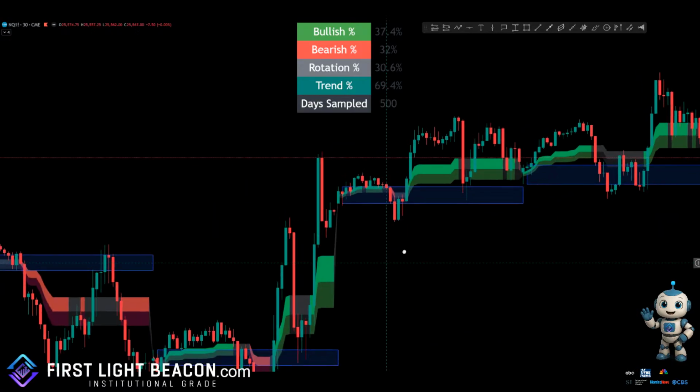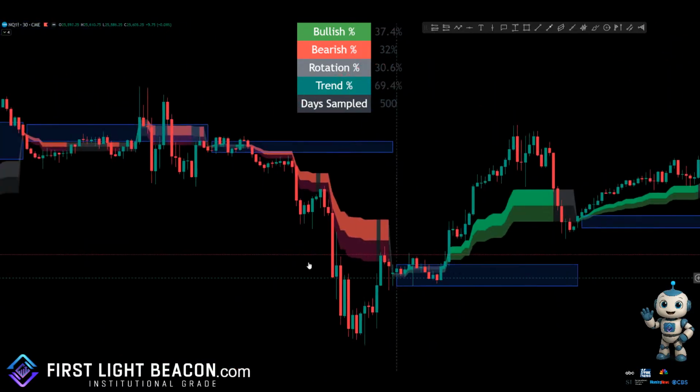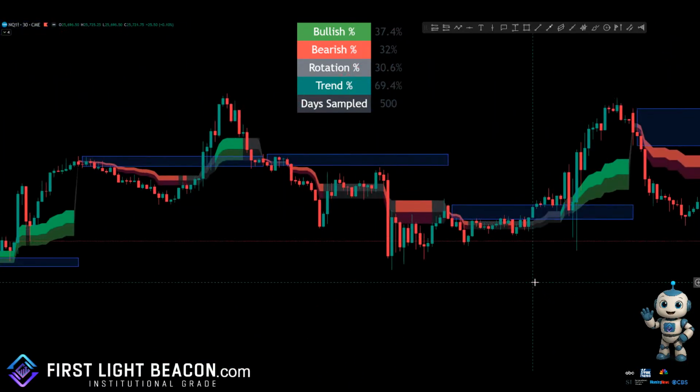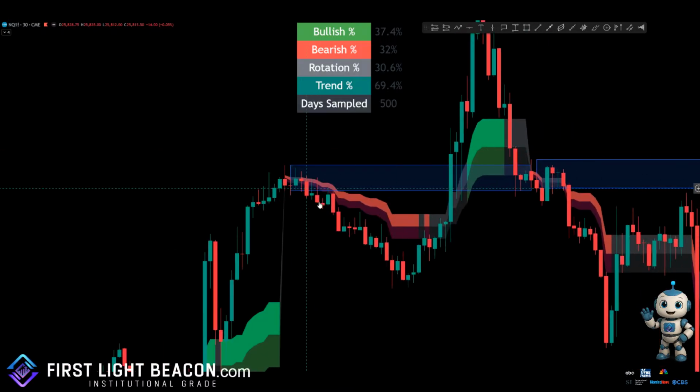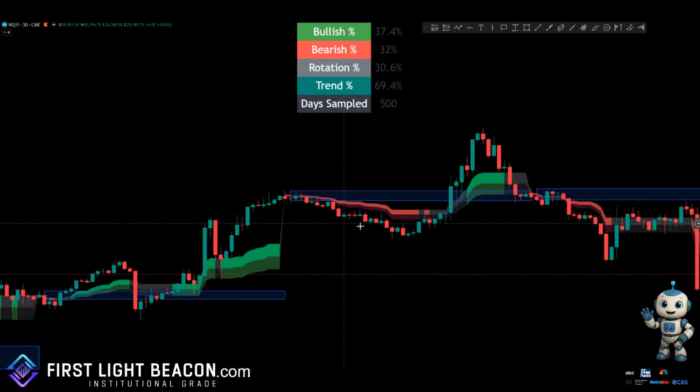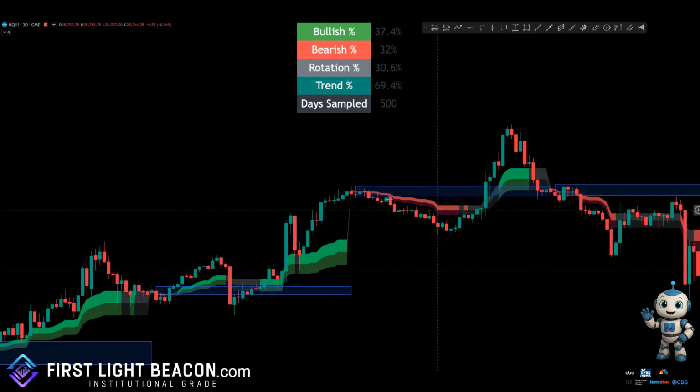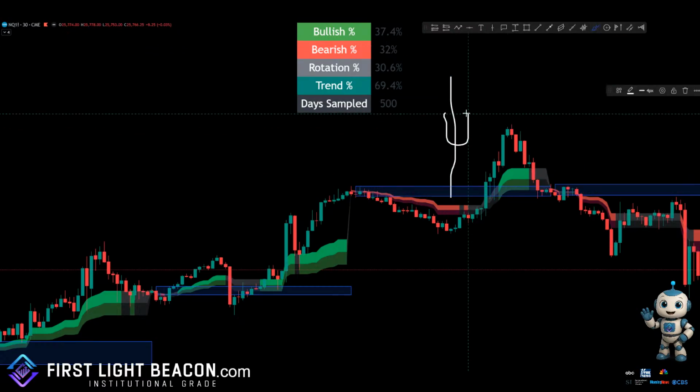What is a rotation? A rotation is, let me find an example. So we started bearish here, went bullish, and this is the rotation. So we're actually rotating price up through the daily candle. So this would be basically a wicked daily candle, like a doji. So we're looking at a candle that looks like this, right?